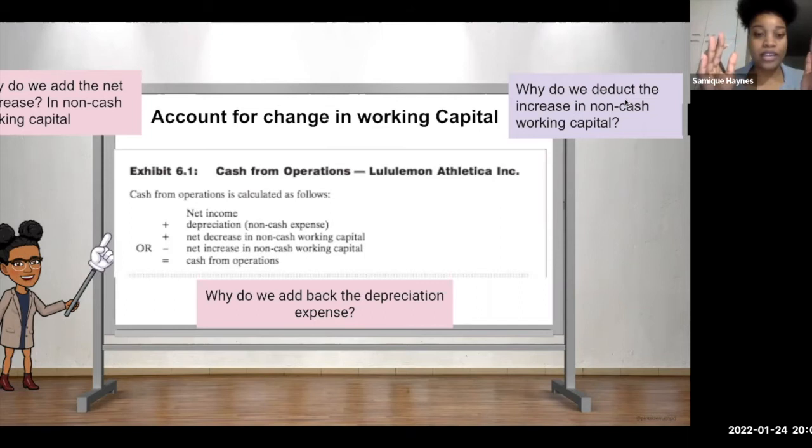All right, 2019 accounts receivable was $500. In 2020, accounts receivable is $1,000.